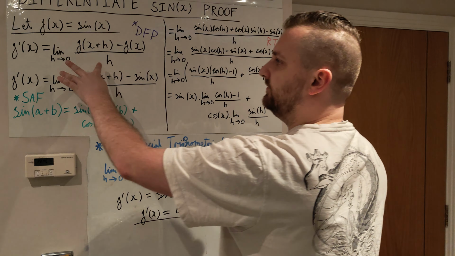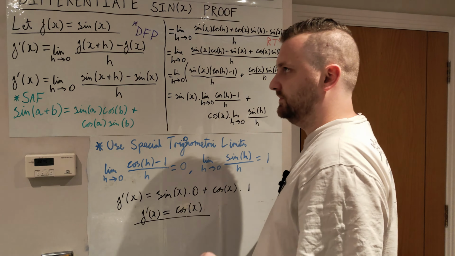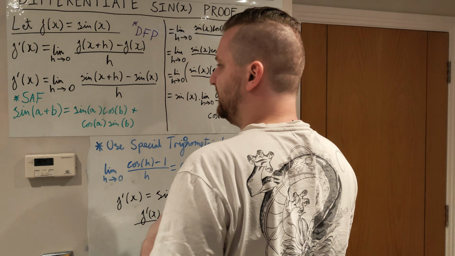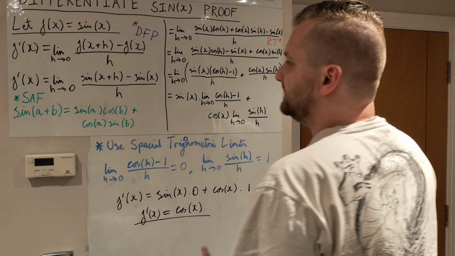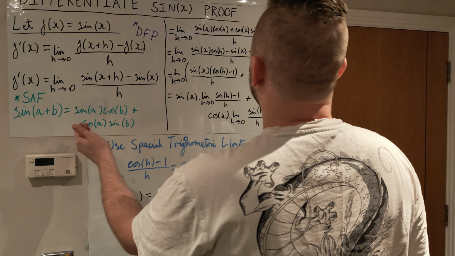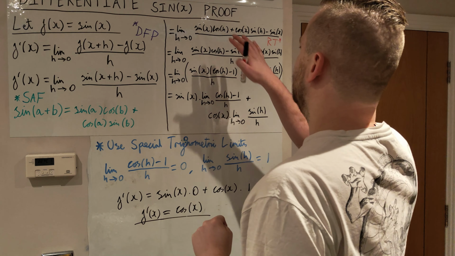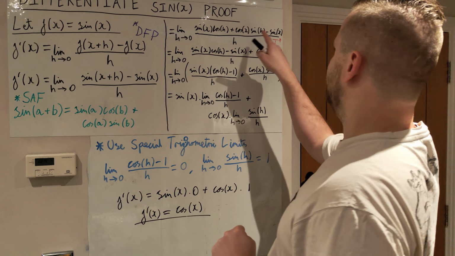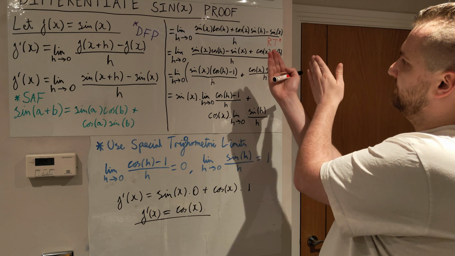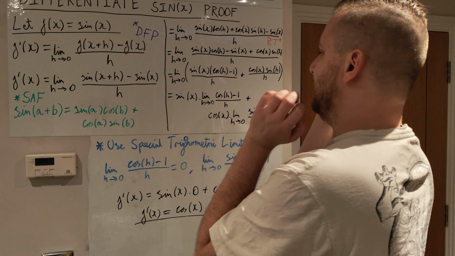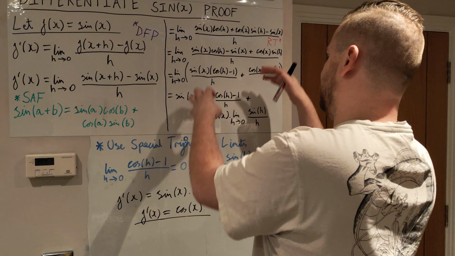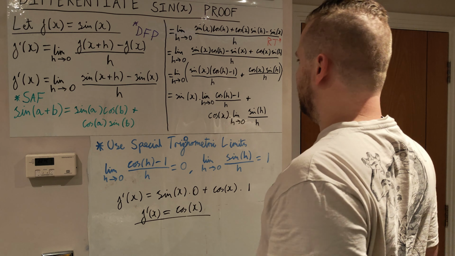From there, we use differentiation from first principles. We sub in our function, then we use the sine addition formula to expand this part. Then we swap these two in their place, for the sake of convenience, because it's going to help us further down the line.